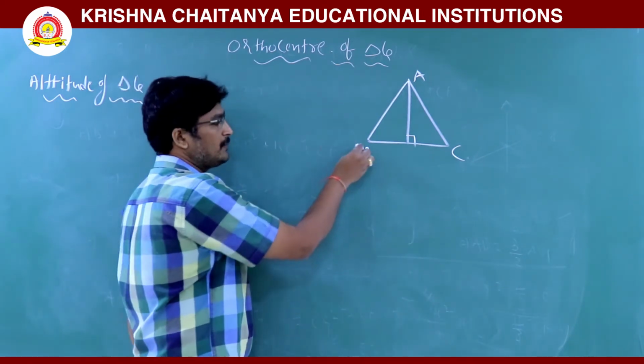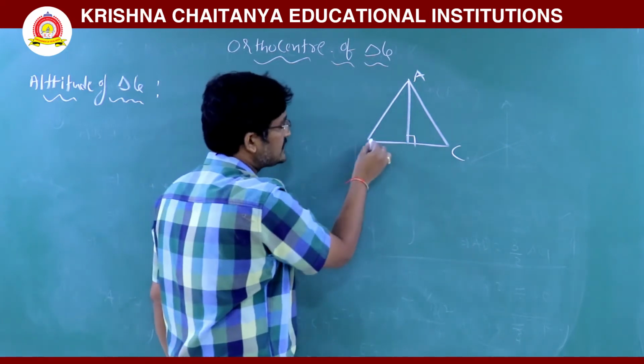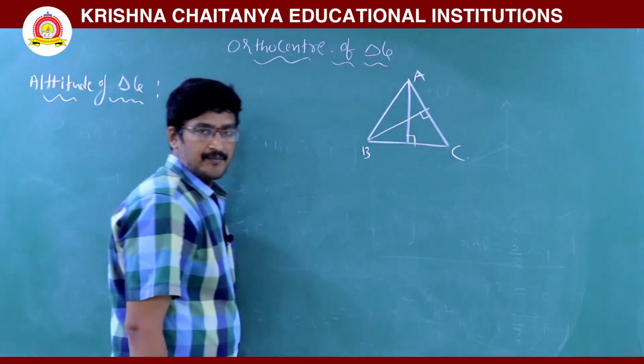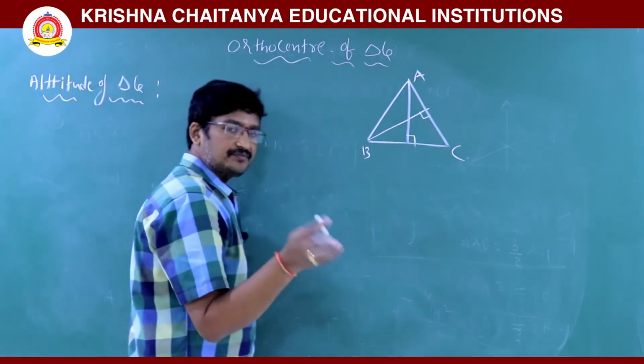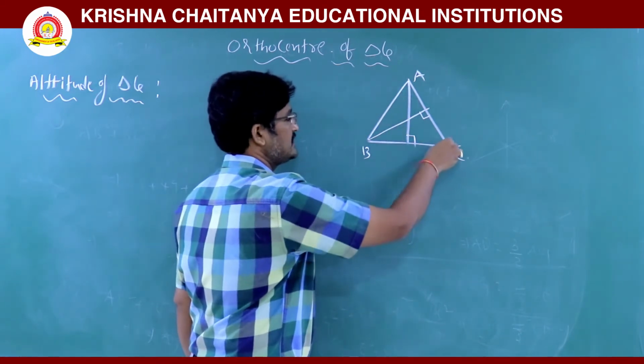We have to draw one more perpendicular line from B to the opposite side AC bar. I have to mention the perpendicular symbol there. Then draw one more perpendicular line from C to the opposite side.